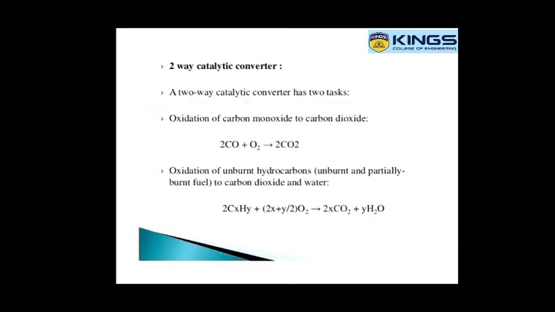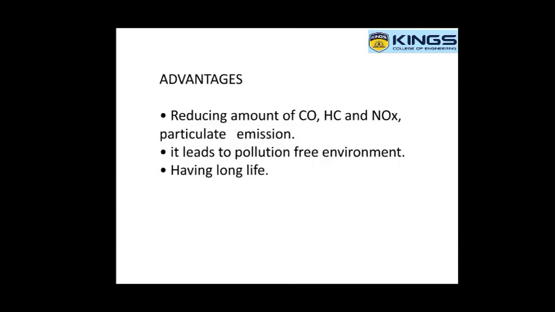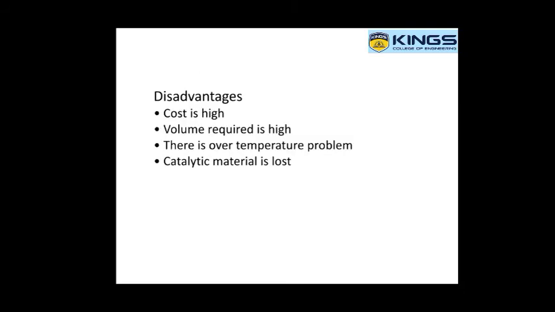Coming to advantages: reducing the amount of CO, HC and NOx. It leads to a pollution-free environment and has a long life. Disadvantages: cost is high, volume required is high, there is an over-temperature problem, and catalyst material is lost.